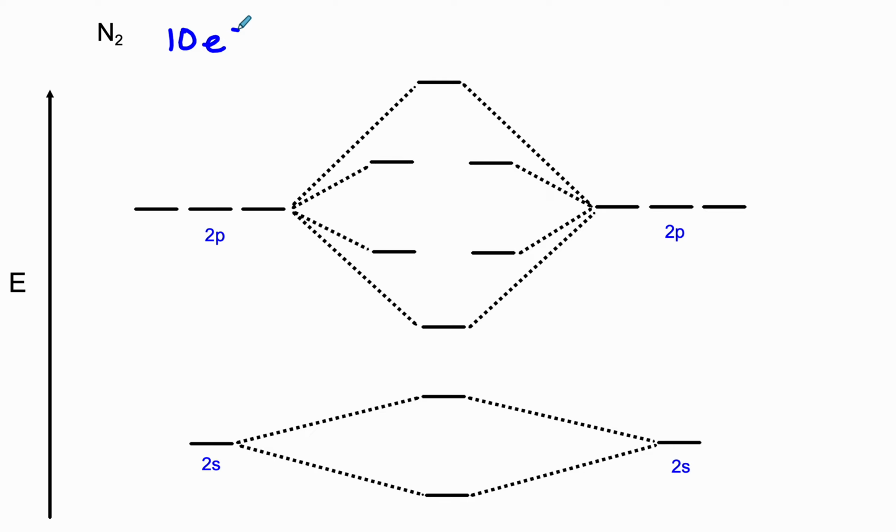And we're going to start by putting those simply in the lowest energy sublevels to begin with: sigma 2s, sigma 2s star, sigma 2p, pi 2p, pi star 2p, and sigma star 2p.